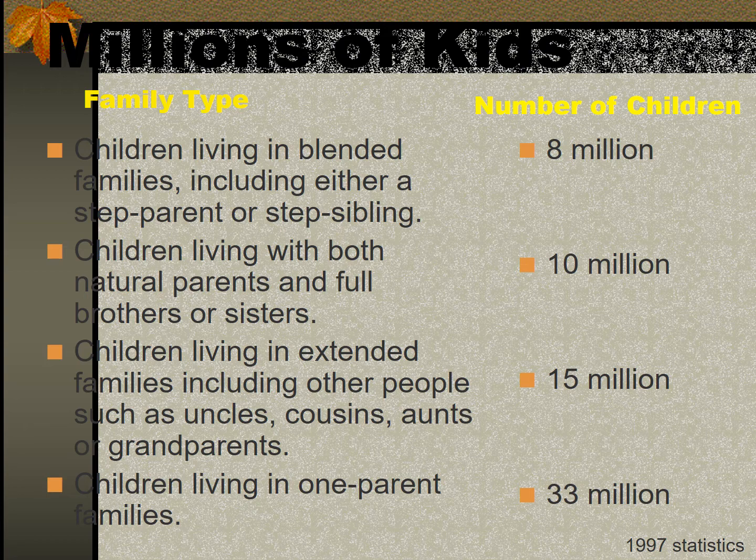So, there's a lot of different family types. And as you see from this, a lot of people always look at the idea of the nuclear family being the ideal household. And while people think of that as the ideal household, it is not exactly what a lot of children are experiencing in this time.